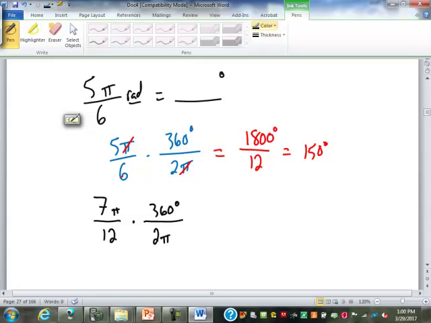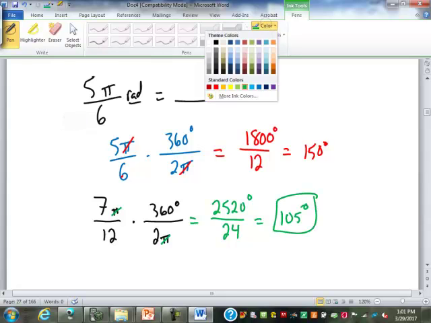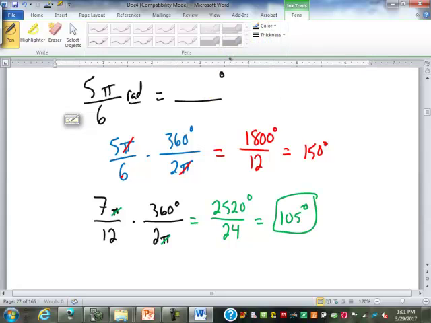And the 2 pi's on bottom. Pi's cancel out. 7 times 360 is 2520. 12 times 2 is 24. 2520 divided by 24 is 105 degrees. Make sense?